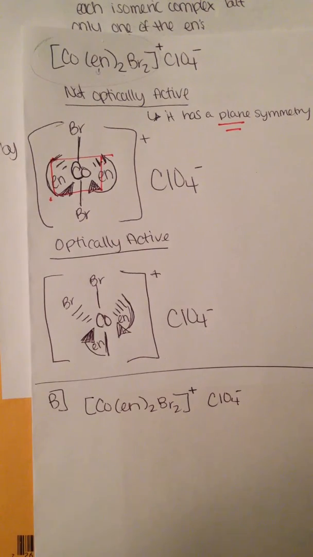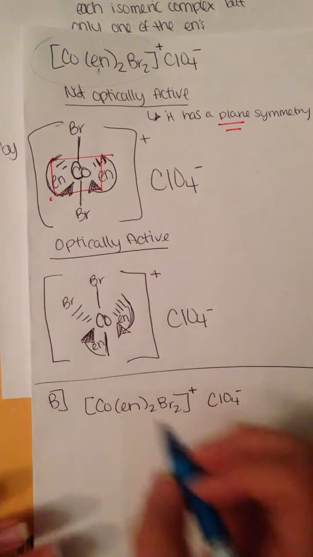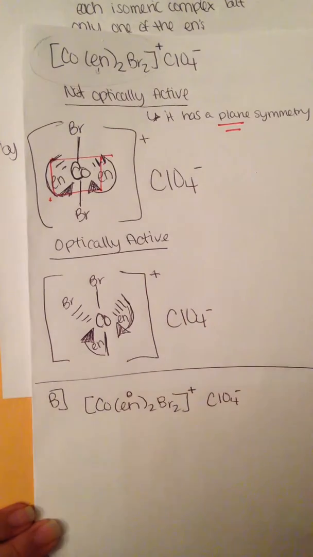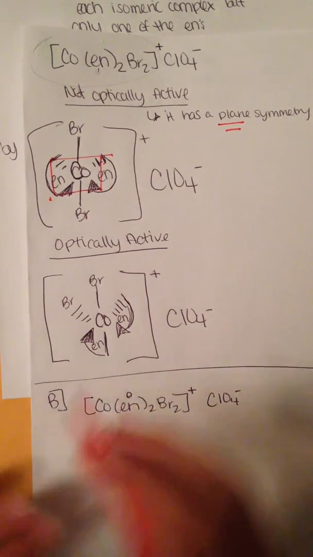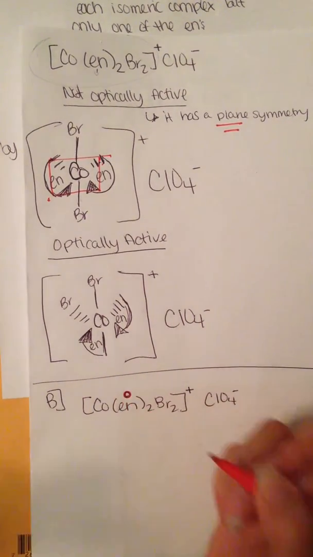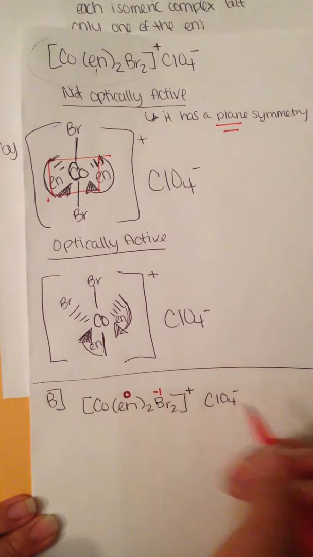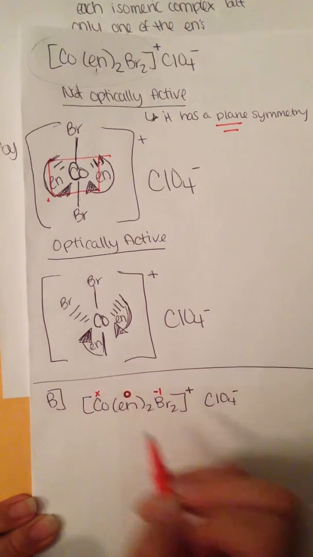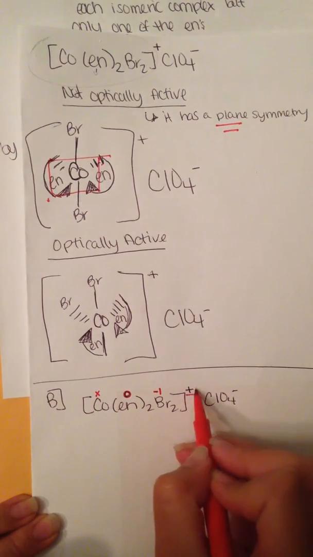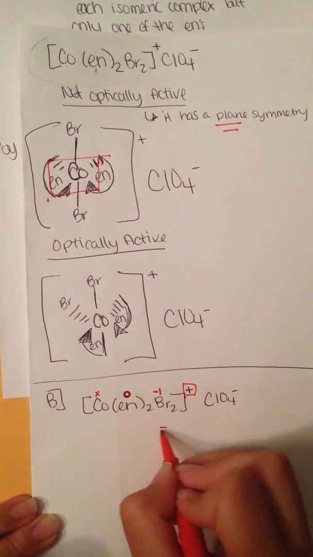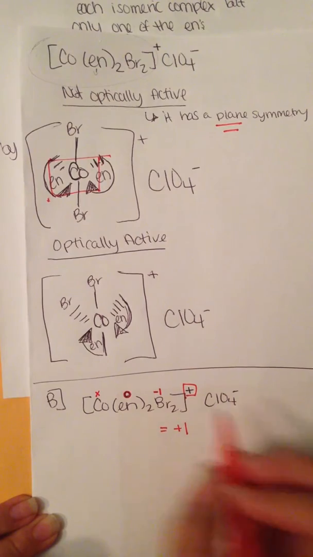And en has no charge, so this has a 0 charge. This has a 0 charge. Bromide has a -1 charge, and we're looking for this. And the overall charge is positive. So it's going to be positive 1 over here.